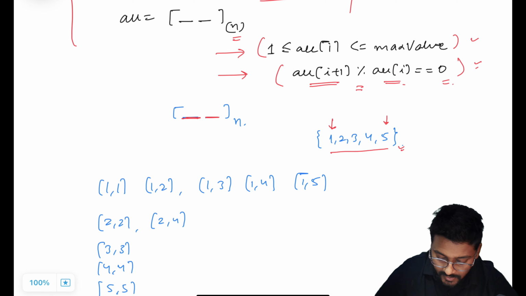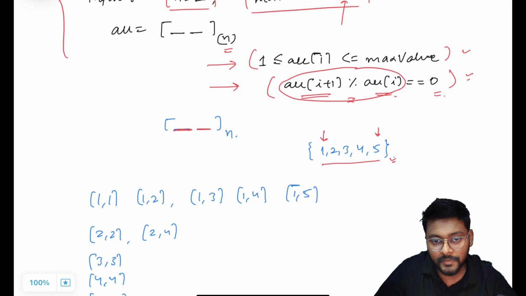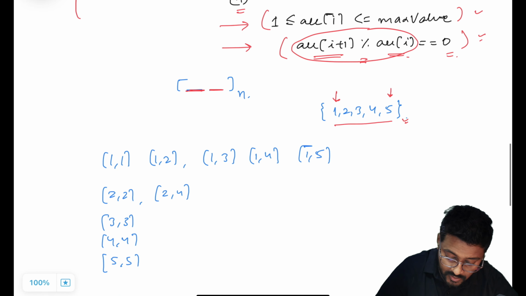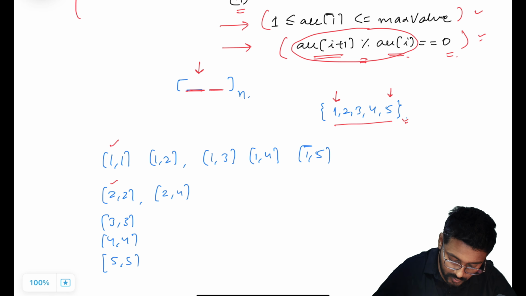And in the ideal array, I need to take care of the condition that every element is divisible by the previous element. What about the first element? That can be anything. So let's try to fill the first position. In the first position, I can take 1, 2, 3, 4, or 5. I can take anything.